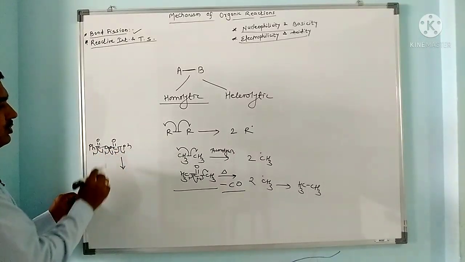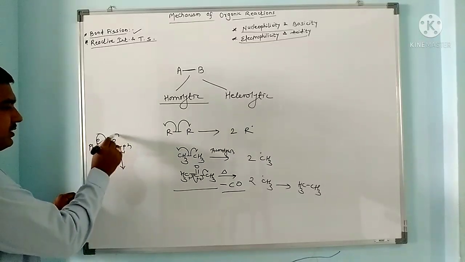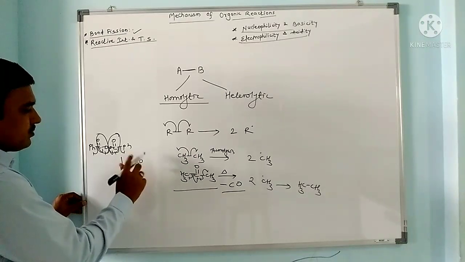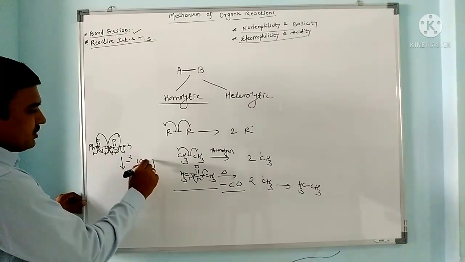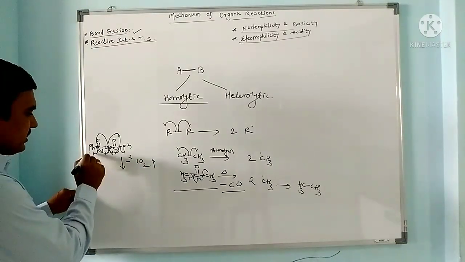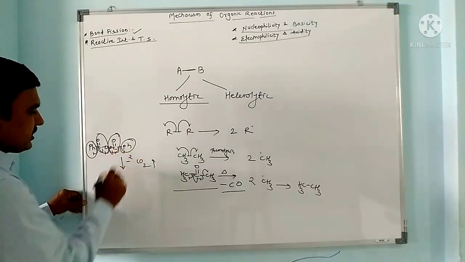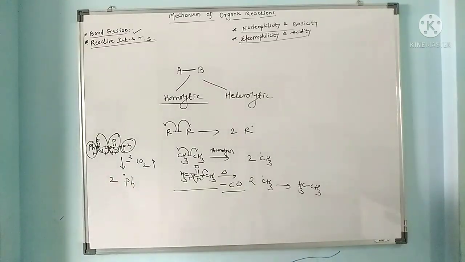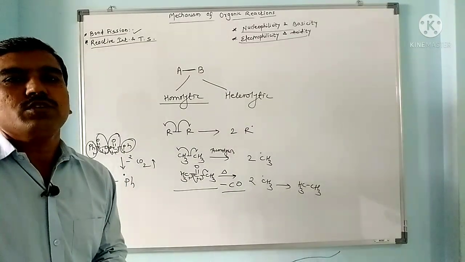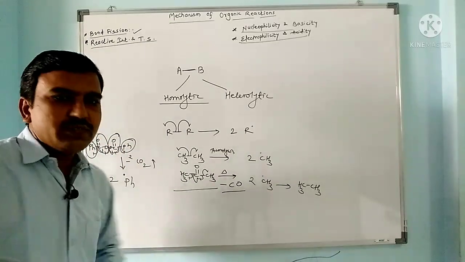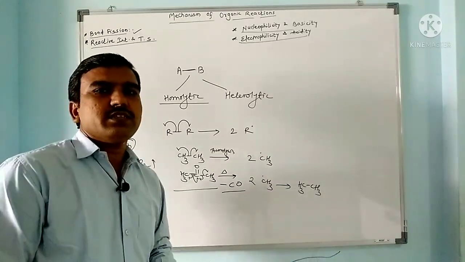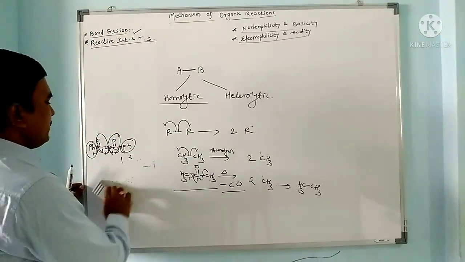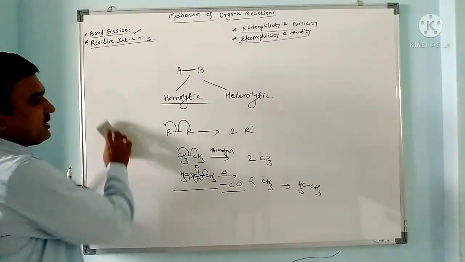So due to loss of 2 CO2 molecules, this is one CO2 and this is another CO2, minus 2 CO2, which gets evolved as gas, we get this one Ph radical and this second Ph radical. So 2 phenyl radicals are generated during this homolytic bond fission. So the homolytic bond fissions give free radicals. They follow a free radical mechanism and have one unpaired electron. So this is the homolytic bond fission.